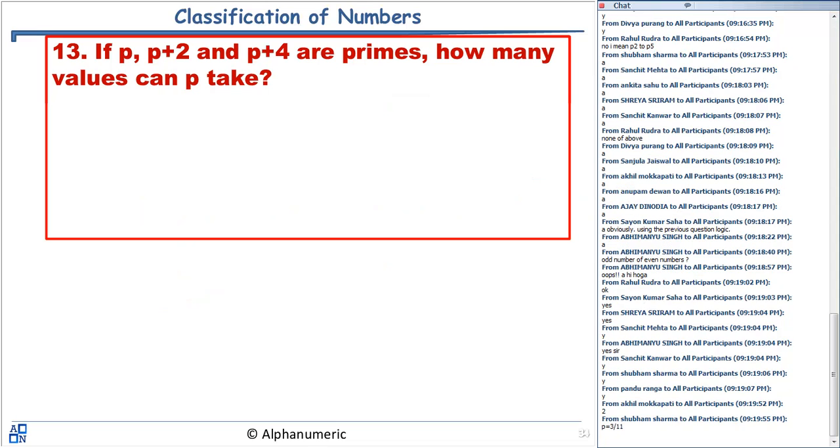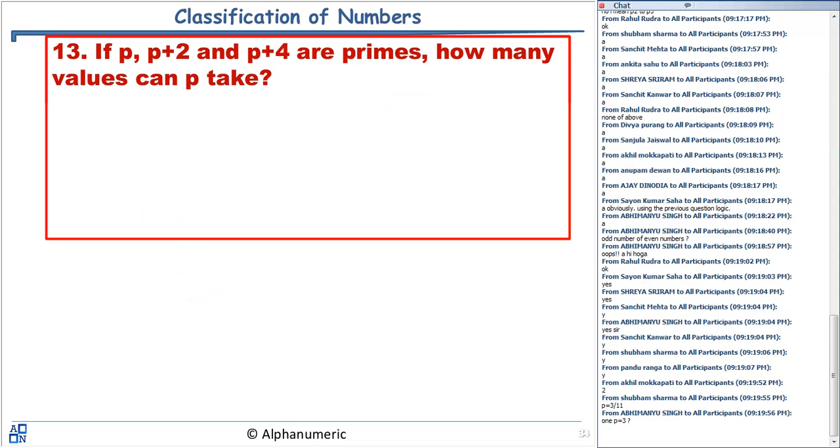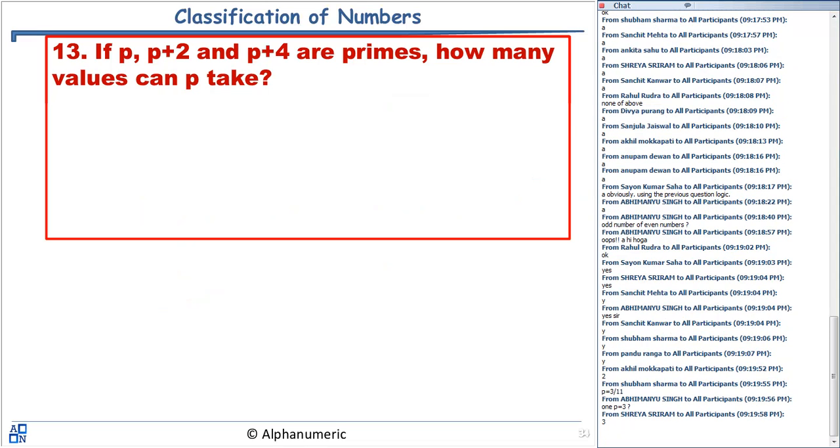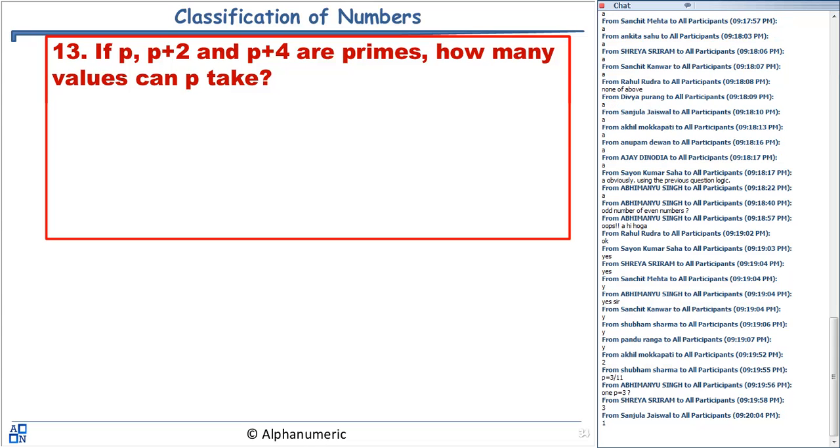Are primes, how many values can P take? How many values can P take? Okay. You do not need to find out the value of P. The question is how many values can P take?